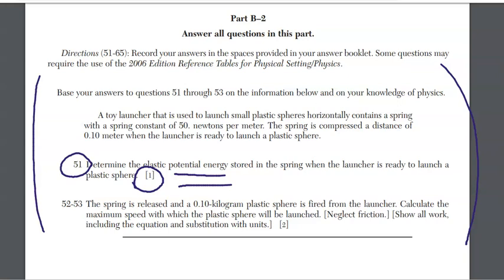What I was just talking about with the problem solving is the 52-53. This is a 2-point question. It says, show all your work, including the equation and substitution with units. In other words, you're going to write the equation down, you're going to plug in the numbers into that equation with units, and then provide an answer with units.